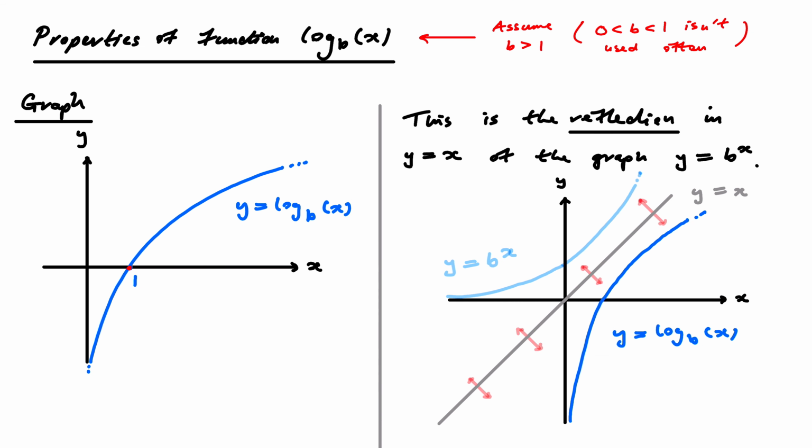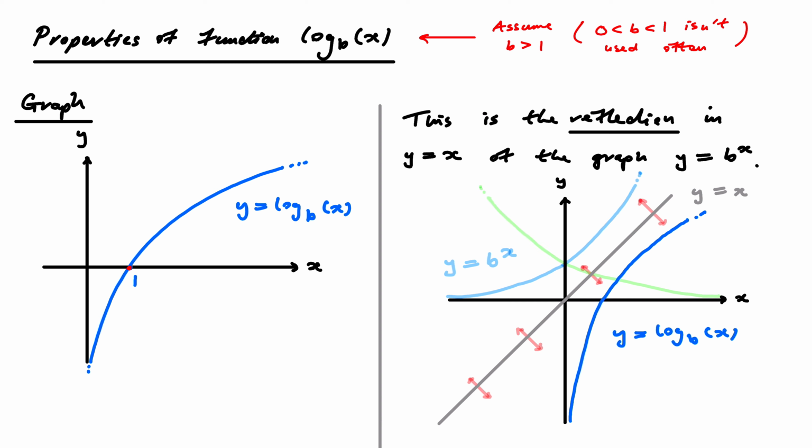If b wasn't strictly bigger than 1, we'd have a different situation, largely because the exponential function would look so different. Let me very quickly write this down to illustrate what I mean. If I had an exponential function with b strictly between 0 and 1, it would be the mirror image of this one in the y-axis.